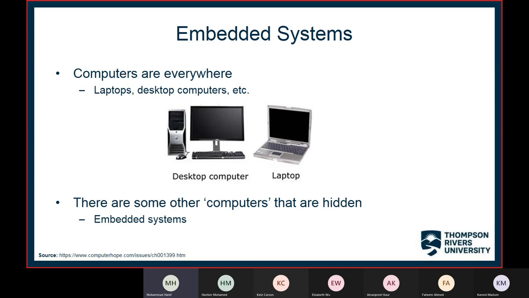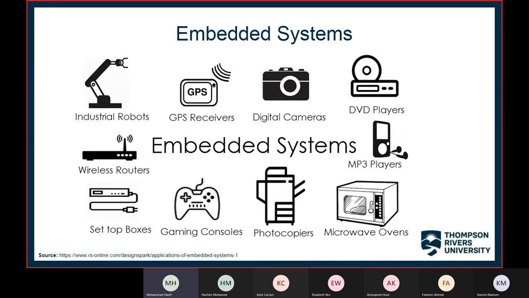We call these computers embedded systems. Some common examples are your mobile phone, your microwave oven, your MP3 players, the routers in your houses, maybe your fridge. All of these devices are examples of embedded systems.